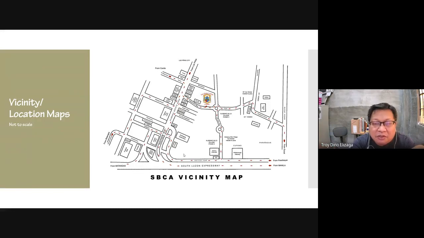But you need to put some of the buildings which will serve as landmarks, and you also need to put the names of the streets. What's most important is that it does not have to be scaled. It's just a location map, simply.